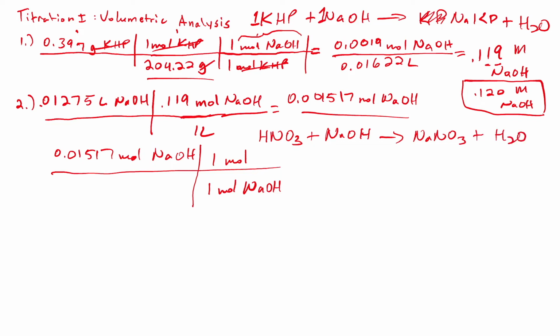There's the completed overall equation for that reaction. Forgot to write that out, sorry. And so you see here, for every 1 mole of nitric acid, we have 1 mole of sodium hydroxide. So in my dimensional analysis, I'll go 1 mole of sodium hydroxide equals 1 mole of nitric acid.